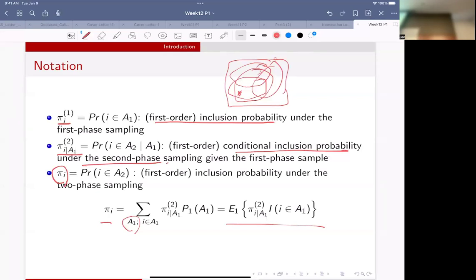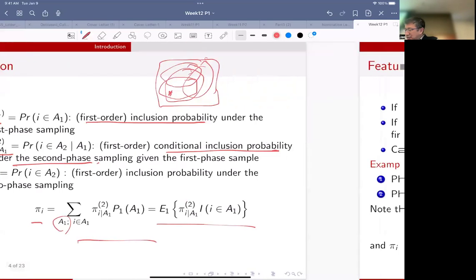If a particular A1 doesn't include element i, then this conditional probability will be 0. But there may be many different A1s that contain i, right? So conceptually, this is the definition, but you don't have many realizations of A1, so you cannot really compute it from the data.